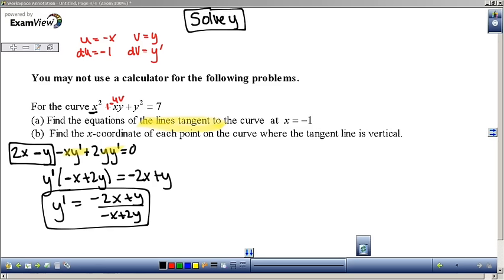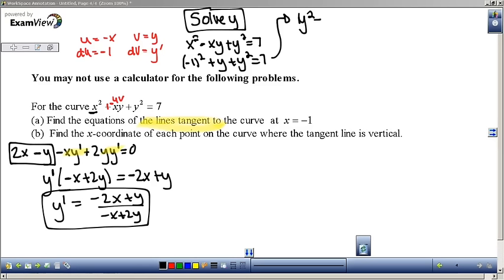In order to solve for y, wherever I see an x in my original equation, I'm going to put a -1. So we're going to have (-1) squared plus y squared equals 7. So I'm going to subtract 7 from both sides.